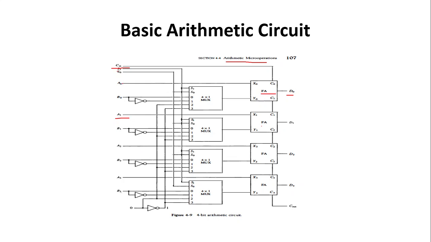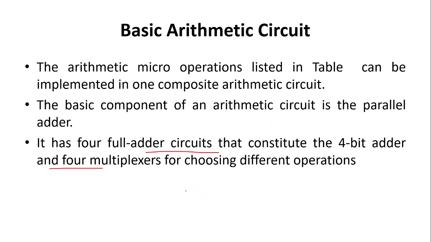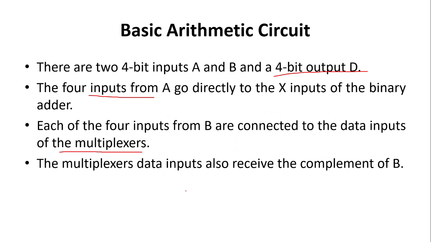So A is connected to the binary adders and B is given to the multiplexer. Like you can see here, A0 is given to this full adder, A1 is given to this full adder, A2 is given to this full adder. So input A is connected to the full adder and input B is connected to the multiplexer.